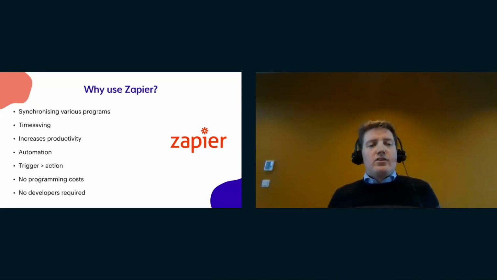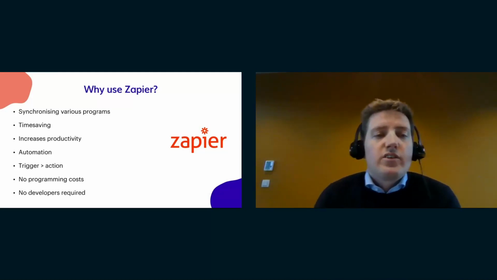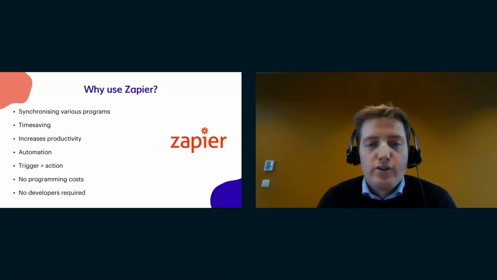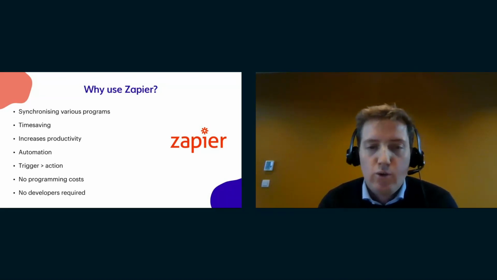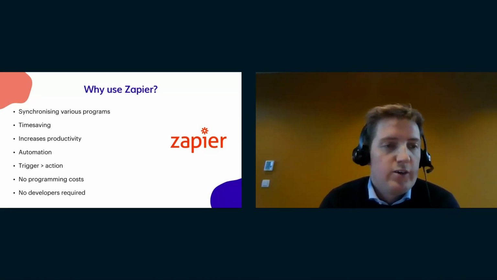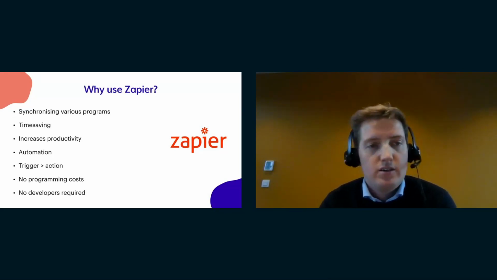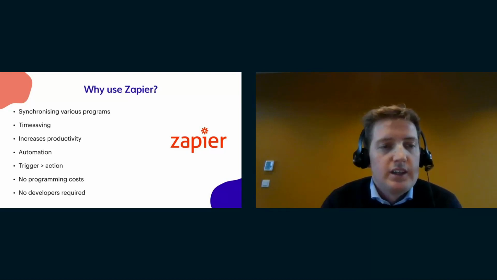You undoubtedly use various programs, such as an email marketing platform like Flexmail and a CRM system for your customer management or social media channels, etc. All these programs are independent from each other, and every day you need to switch multiple times between those programs to keep everything on all the platforms up to date.